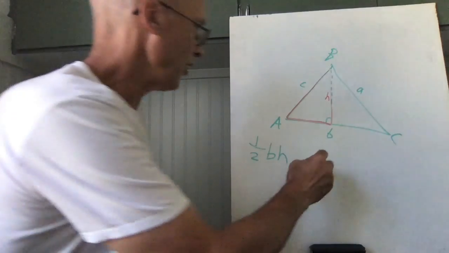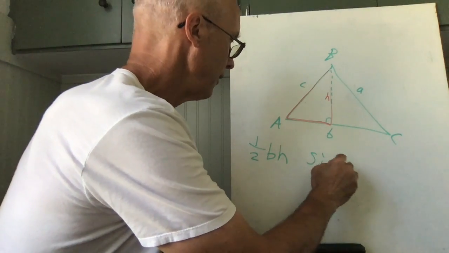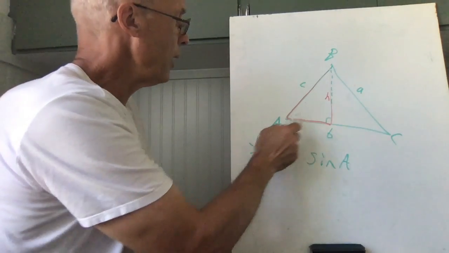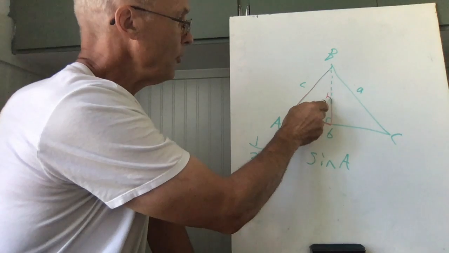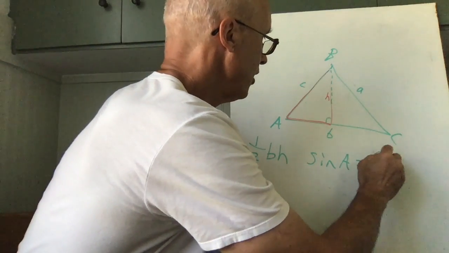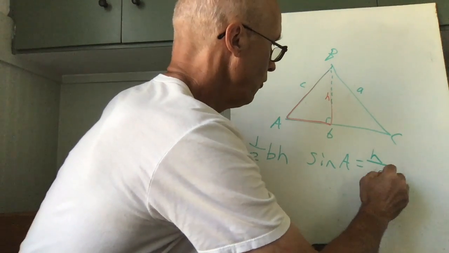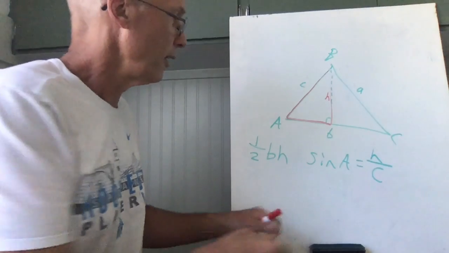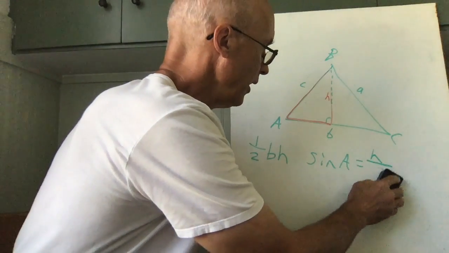We know that the sine of angle A, and just look at the red part here, is going to be the opposite over the hypotenuse, right? So it's going to be h over c. Oops, not capital C, lowercase c.